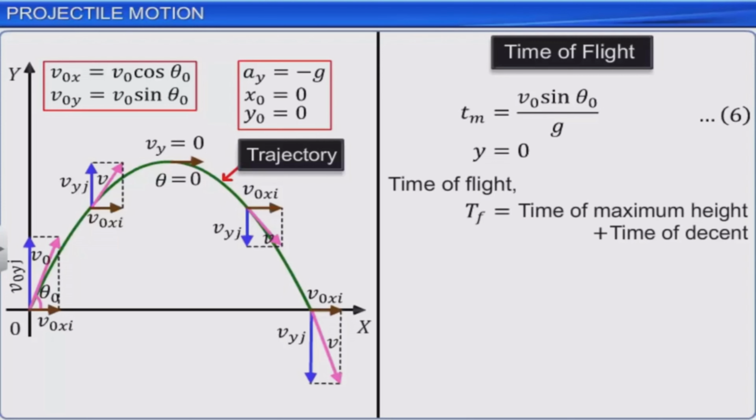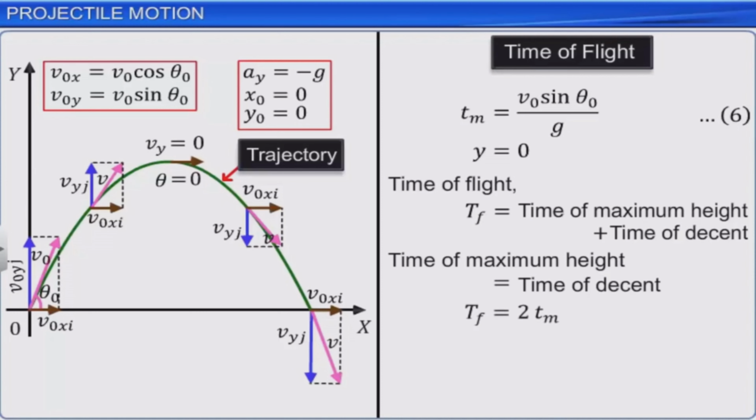By the symmetry of the path of the projectile, which is parabolic, the time of maximum height is equal to the time of descent. Therefore, Tf is equal to 2Tm. On substitution, we get Tf is equal to 2 v0 sin θ0 by g. Let this be equation 7.